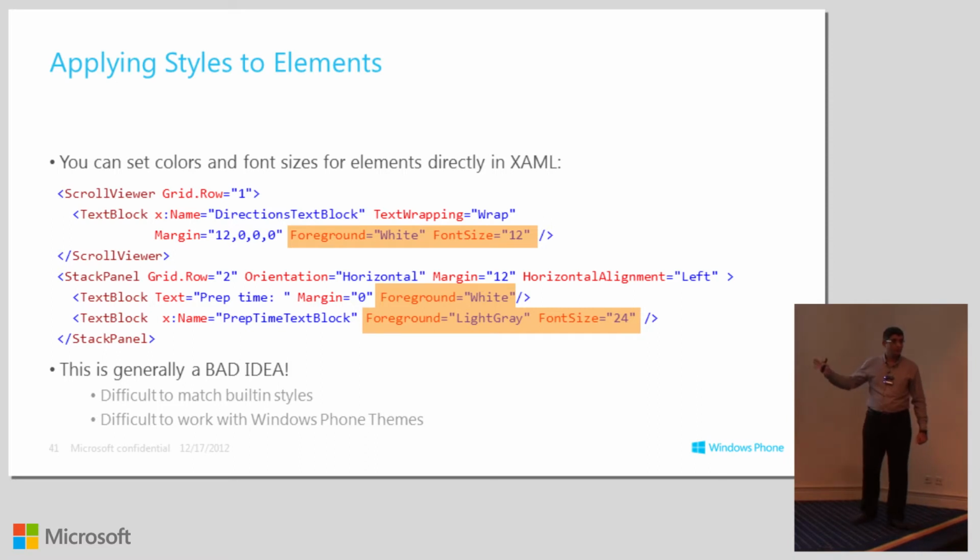The biggest problem with this is if the user changes to a light theme, the text is going to disappear because white on white will become blank, right? This is one of the top 5 reasons why your applications fail.